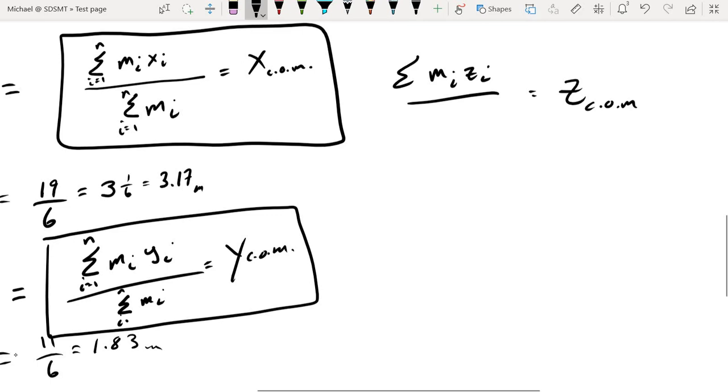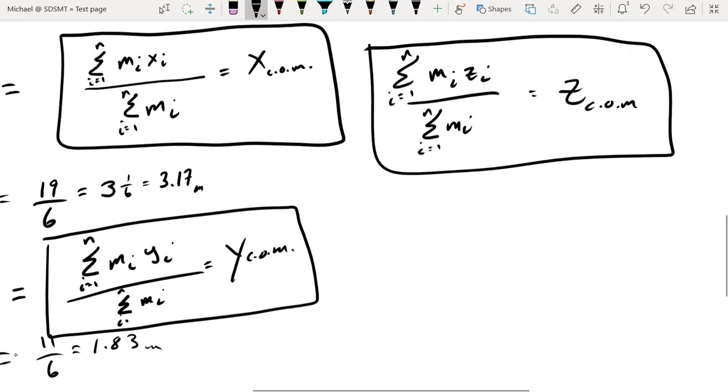We're still going to have summations of each individual mass and Z positions over the sum of each individual mass. So in case you do run into a 3D system, there you go. It's really just the same equation written 3 times. You've just replaced X with Y and Z when required.